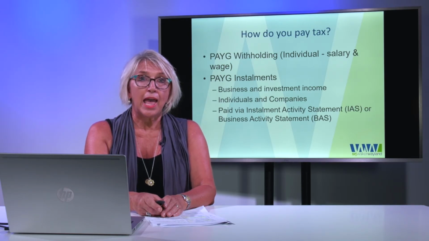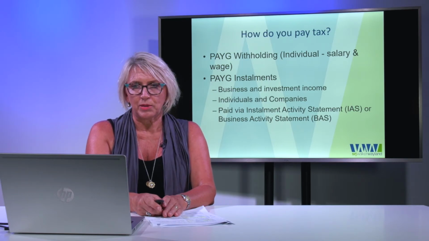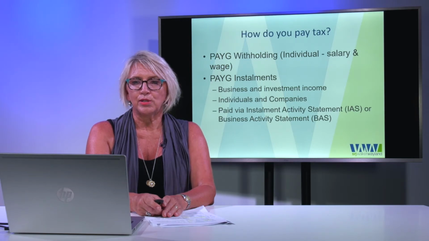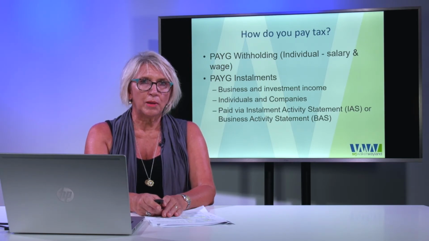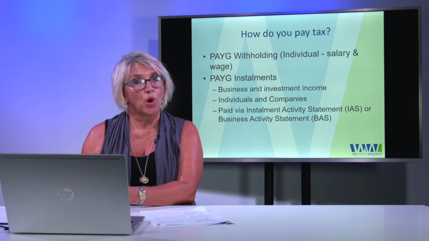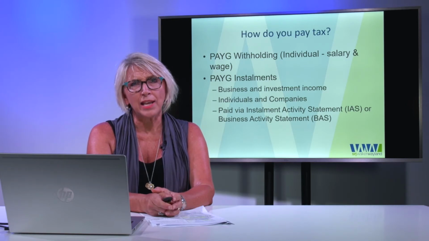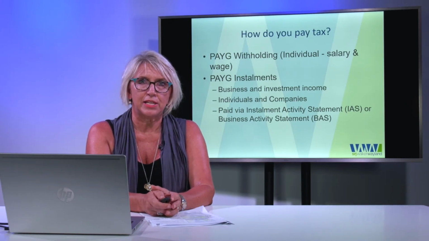So individuals and companies can be paying pay-as-you-go instalment tax. How do you pay those? Both of those components are paid via an instalment activity statement if you are, for example, an individual who only has individual investment income, or as a business through your business activity statement.